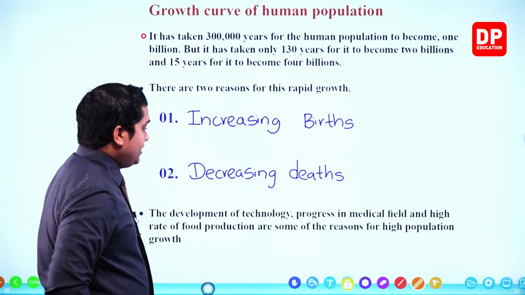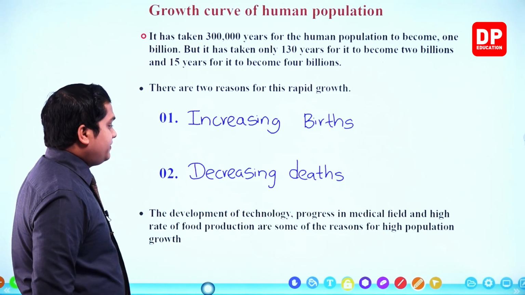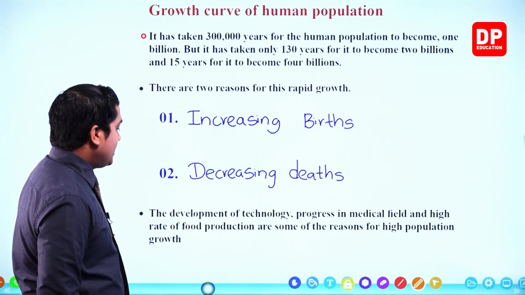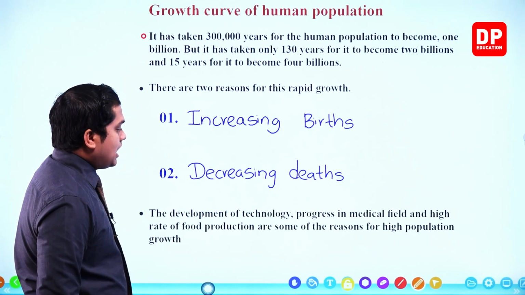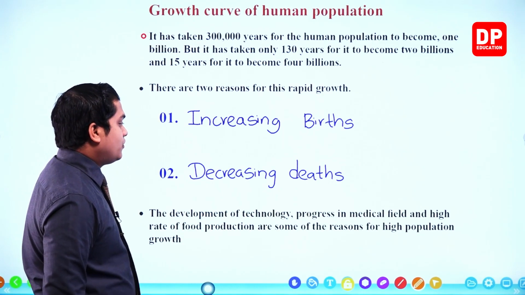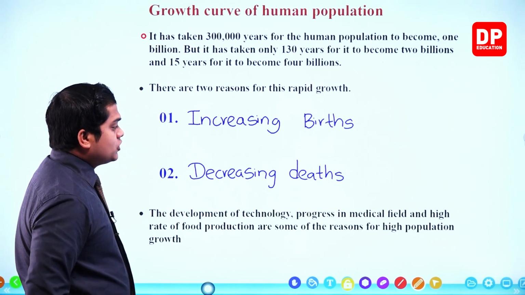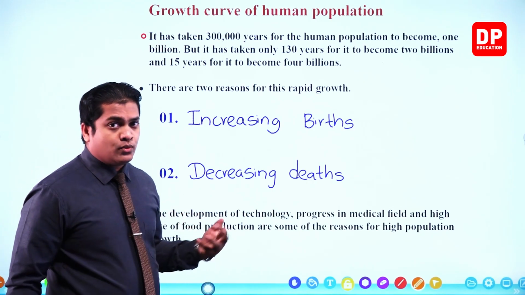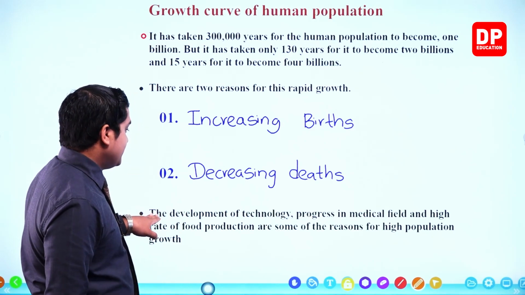Then the next point given: the development of technology, progress in the medical field, and high rate of food production are some of the reasons for high population growth. So rather than these two main causes, there can be other causes as well. What are those?